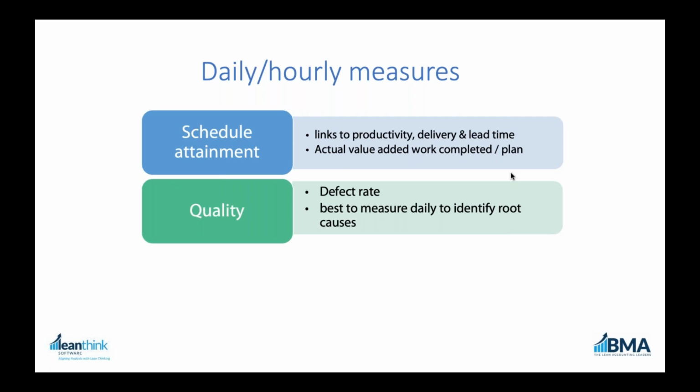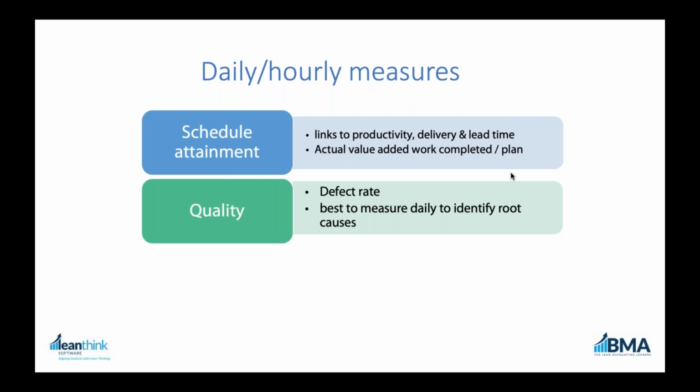Now, remember the response time here: if you're in a high volume environment in terms of a process, you probably want to be looking at that more frequently rather than less frequently. I mentioned this earlier about quality.